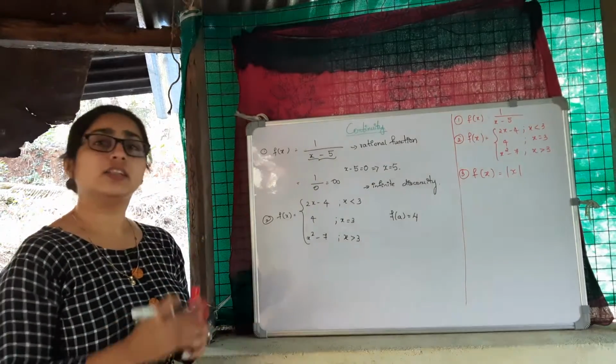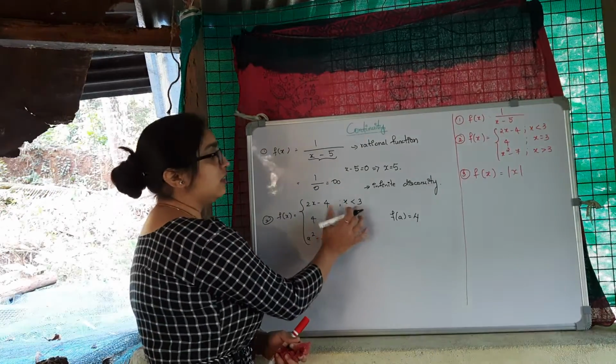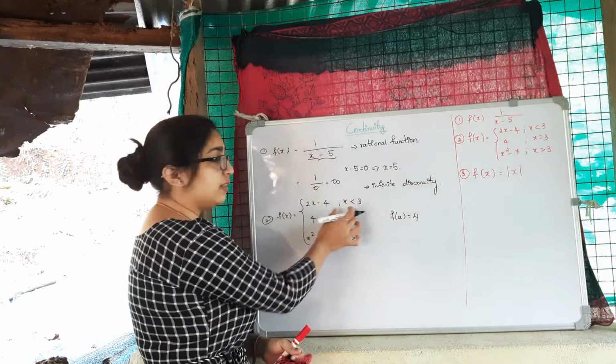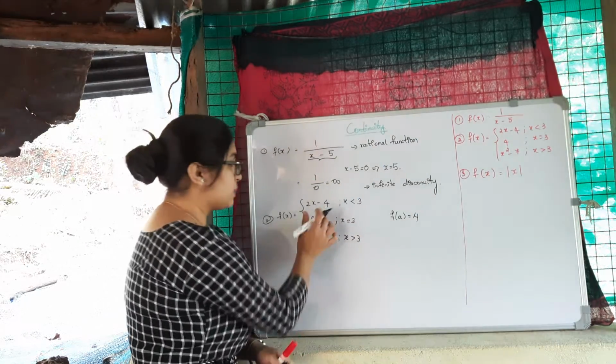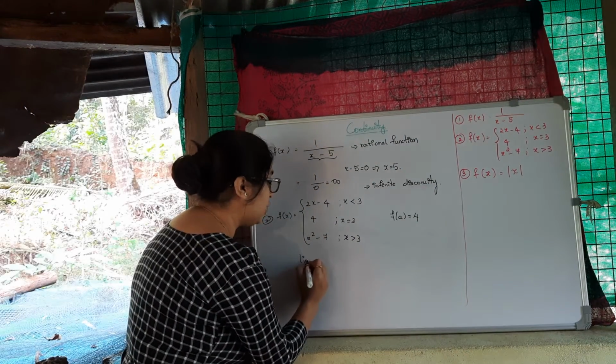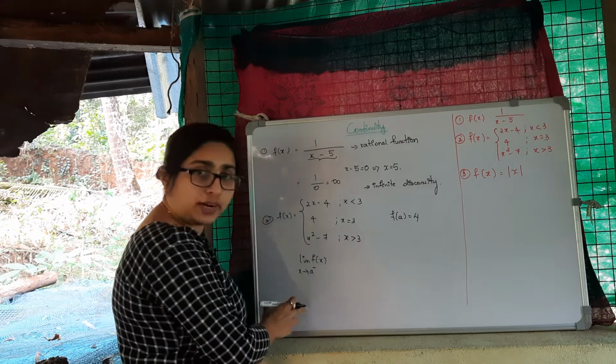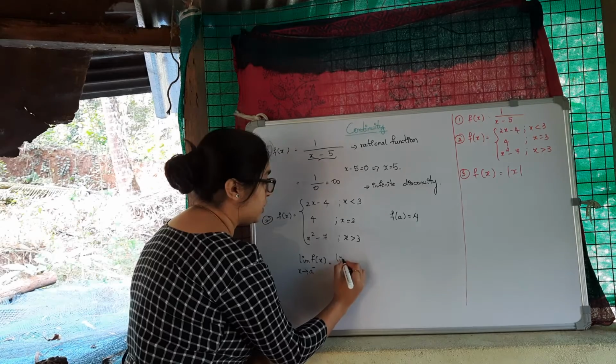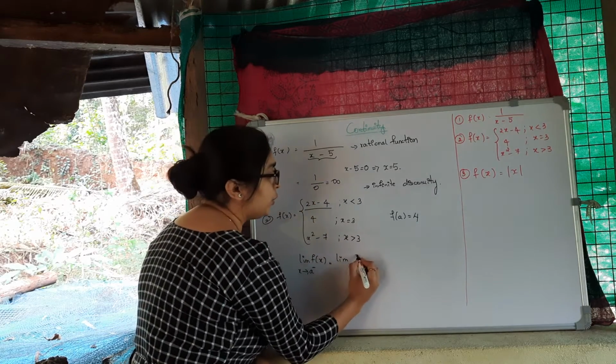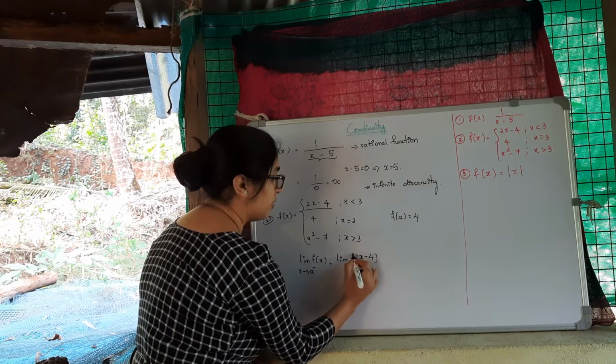Now I have to find the left hand limit. For x less than 3, the function f of x will be 2x minus 4. So the limit of f of x as x approaches 3 from the left can be substituted as 2x minus 4.